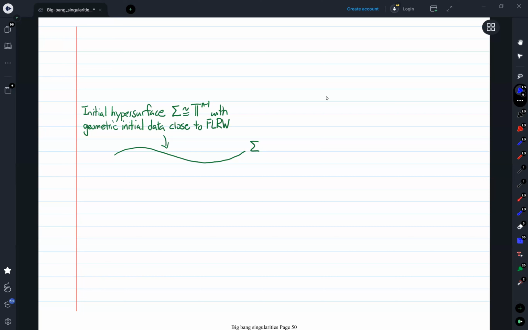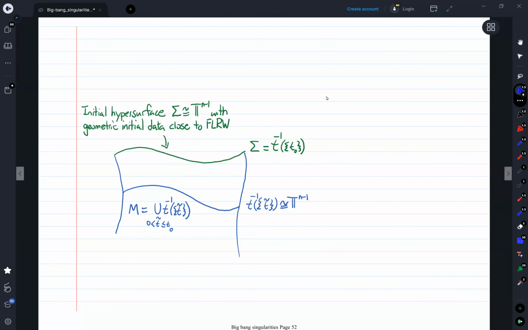So what you should be able to do is show that there exists a maximal development to the past, and show the existence of a time function that slices the spacetime into decreasing time. We artificially call t naught the first hypersurface, and we'll assume our time function is defined from t naught all the way to 0, but not including 0.